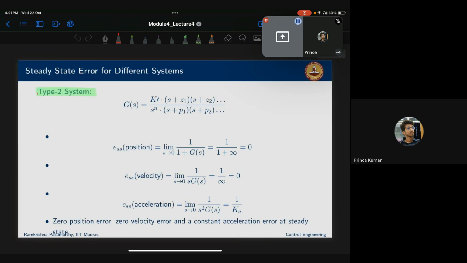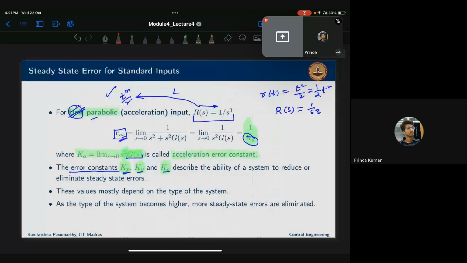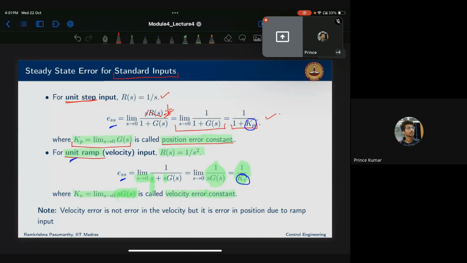Then type 2. Type 2 means you will have 2 here, and this will become 0. Basically the expressions are Kp, Kv, Ka. We have seen what Kp is. Kp is this one.